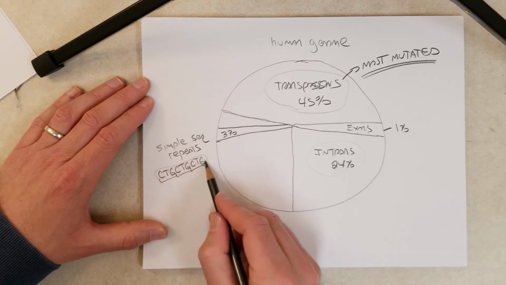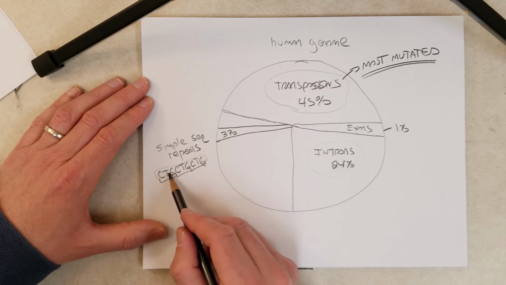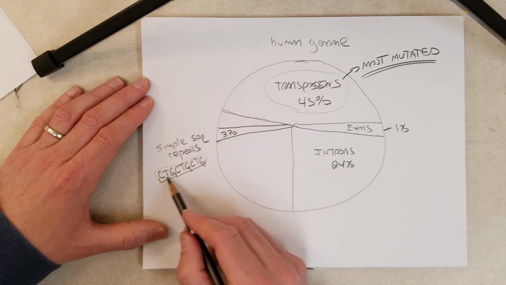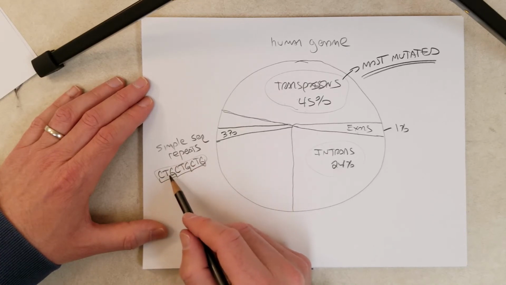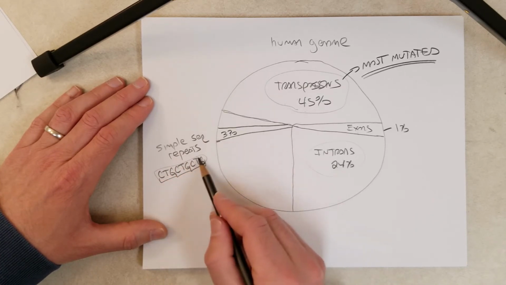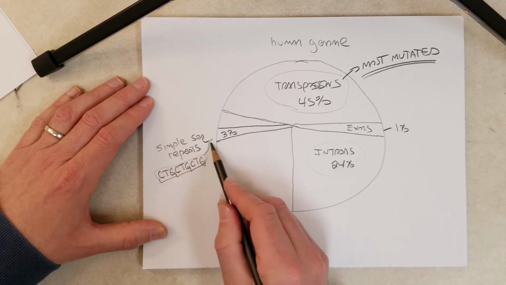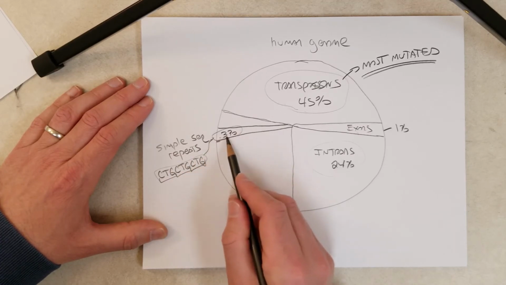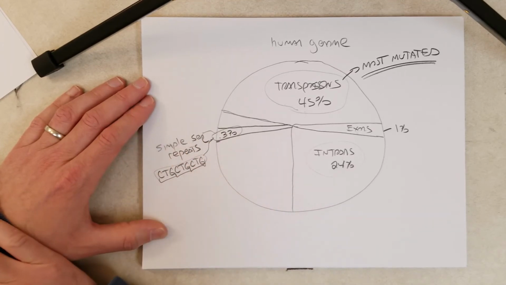So any combination of simple sequence can be repeated and expand by replication slippage, and they can also decrease too. But apparently, even though they can increase and decrease, for some reason, we still have 3% of our genome being comprised of these simple sequence repeats.